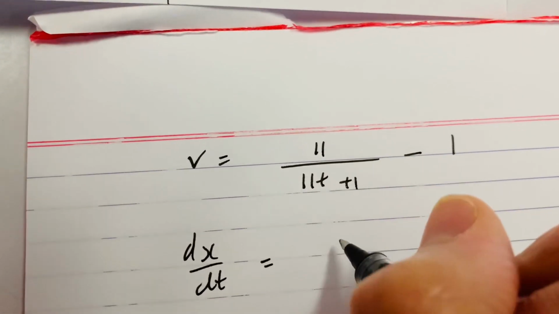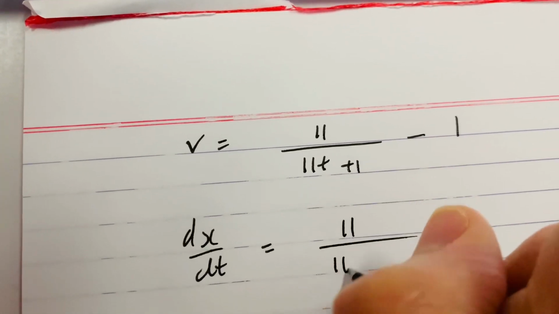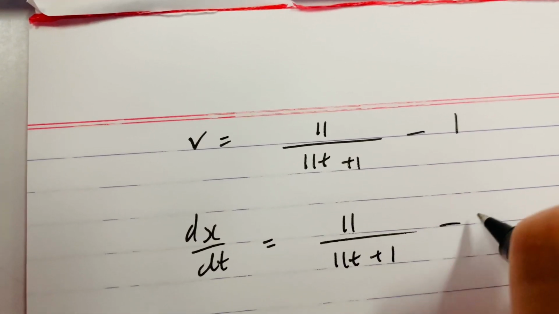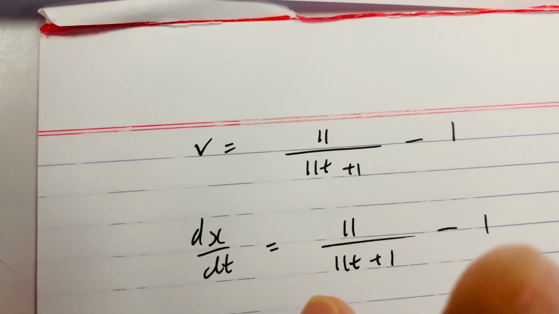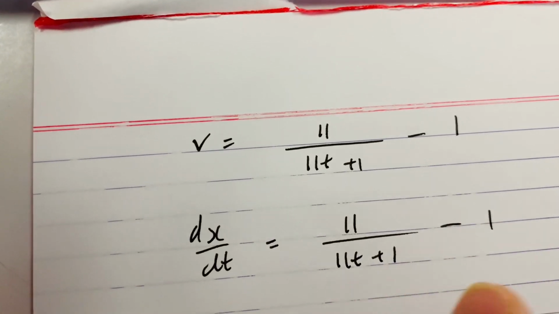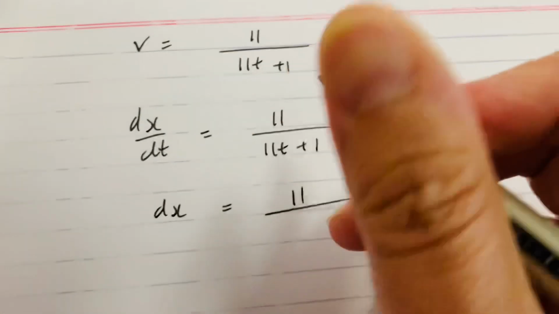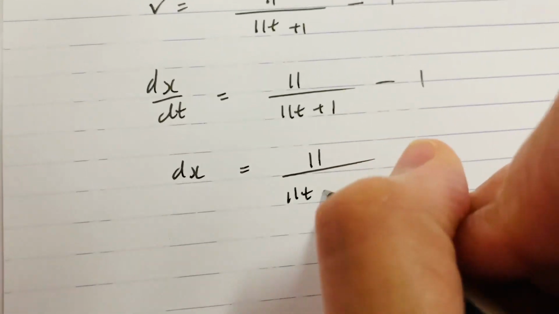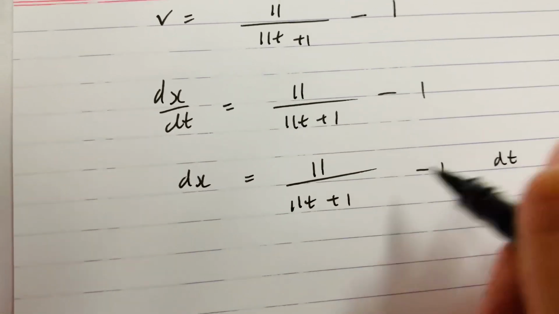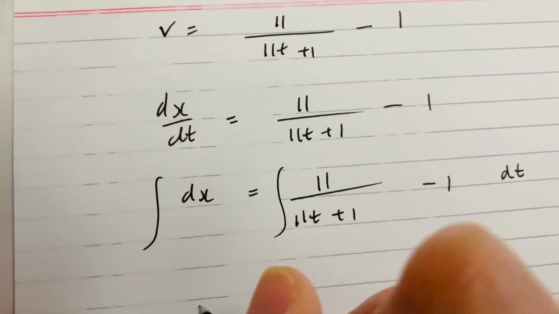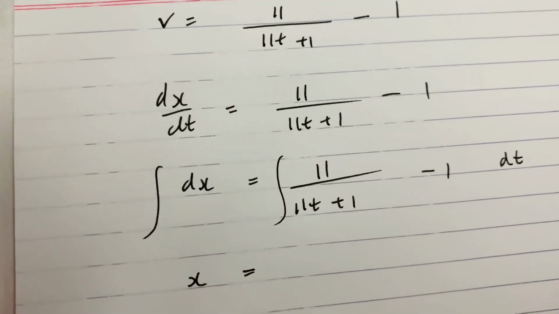So this is dx/dt, 11 over (11t plus 1) minus 1. So dx equals 11 over (11t plus 1) minus 1 dt. Integrate both sides, position equals.